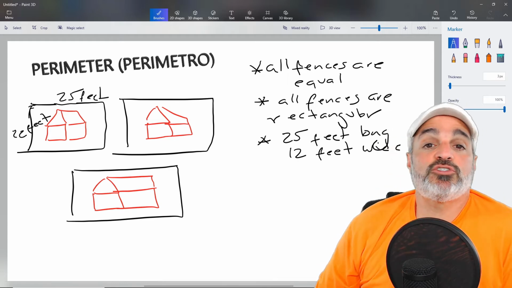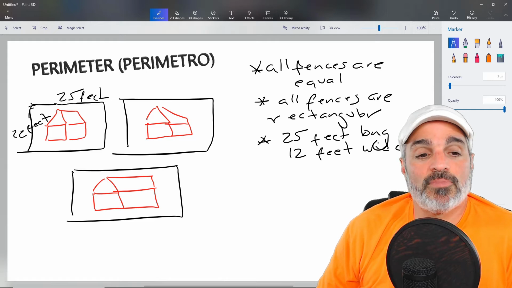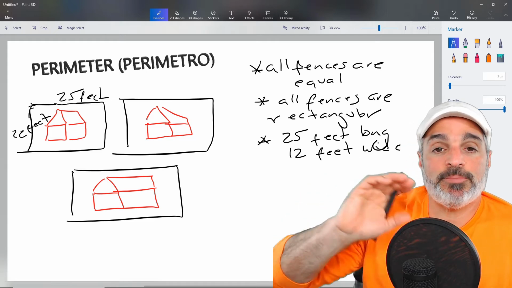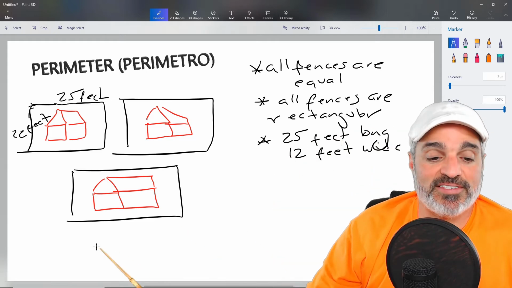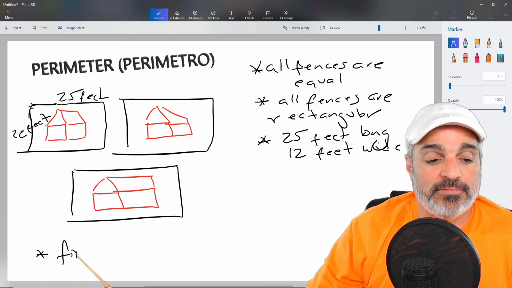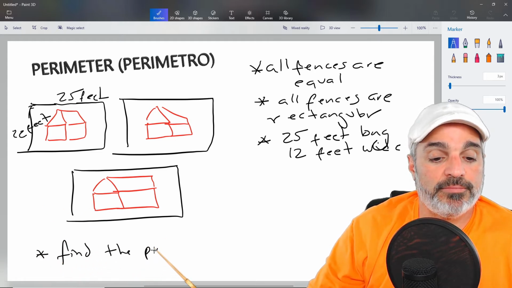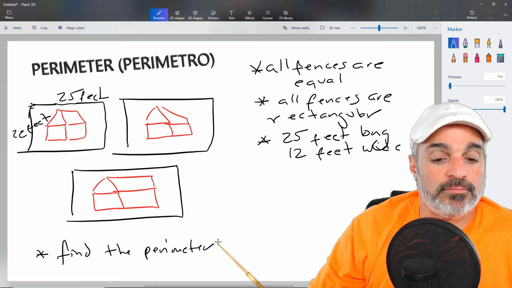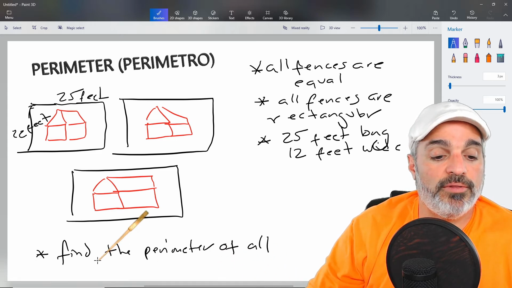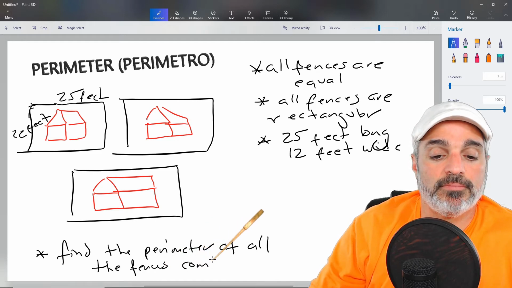Okay, if those are the two measurements, how much is going to be the perimeter for all the fences? Find the perimeter of all the fences combined.